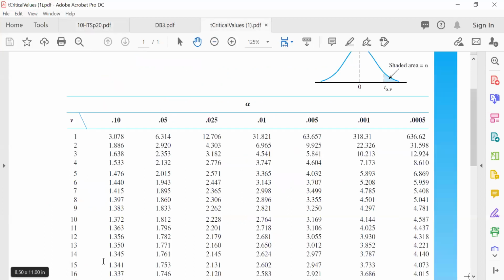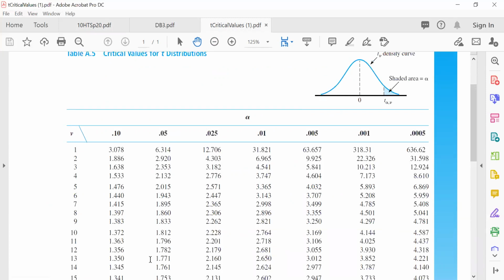So there is no 1.58 here in this table. So we are not able to find the exact value of the alpha. But we could see these two values, 1.345 and 1.761 under degrees of freedom equals to 14.